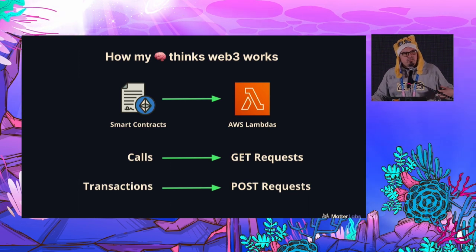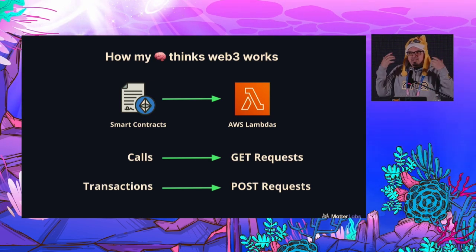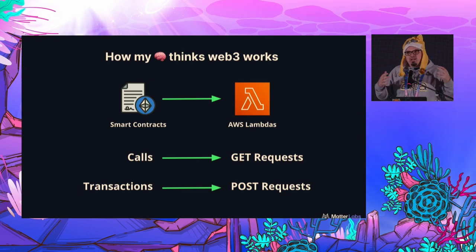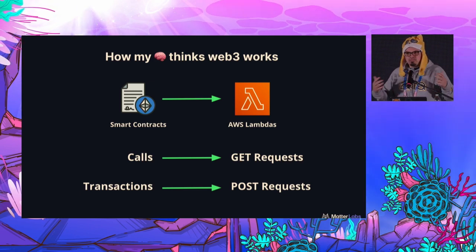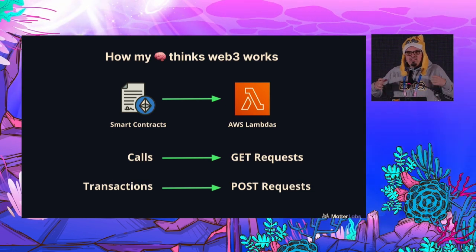In the smart contract world, we have these calls and transactions. For something like an AWS Lambda, what that really equates to in my mind is, every call is a GET request. You're getting information. Every transaction is a POST request. You are making a change to the data that exists on chain.